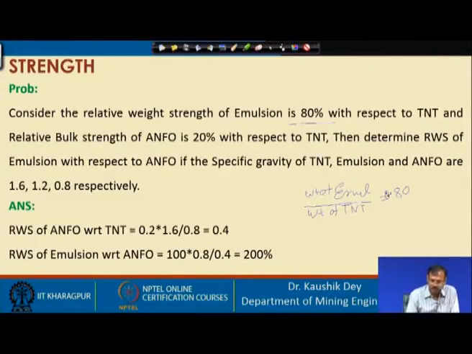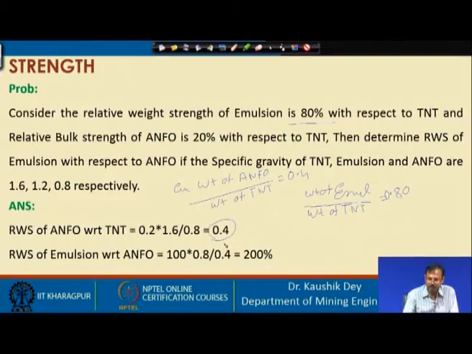Now, we also have the weight of N4, and the energy obtained from the same weight of TNT is equal to 0.4, as we have calculated at this place.